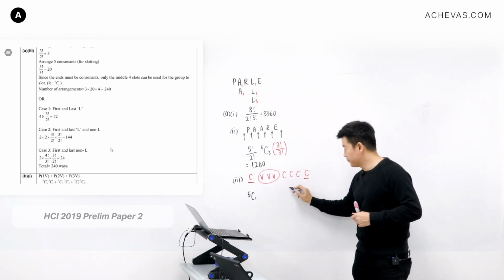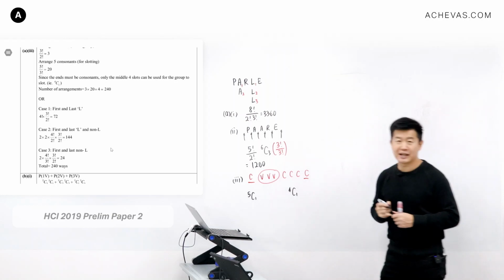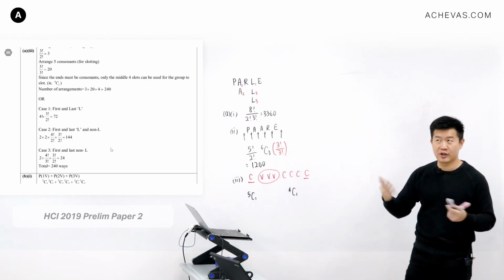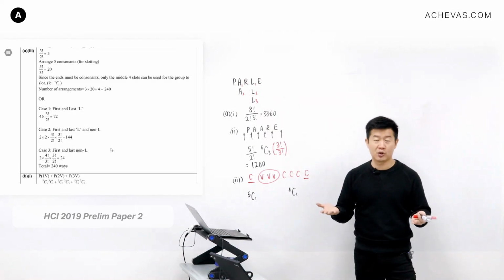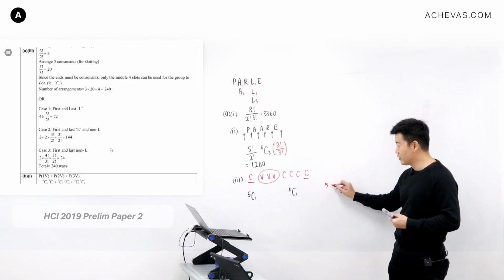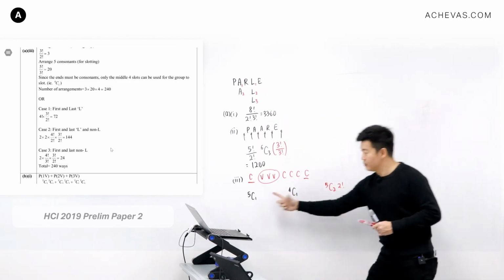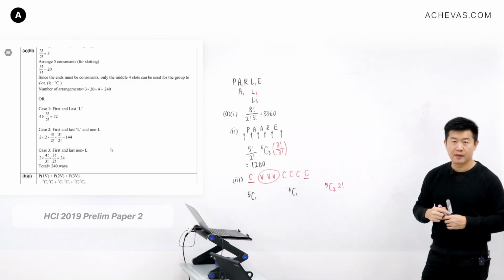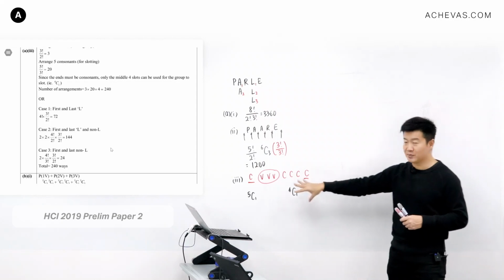Then out of 4 other consonants, I'm going to choose 1 for the last consonant. 5 choose 1, 4 choose 1. Or you can also just do 5 choose 2 times 2 factorial, choosing 2 of the 5 consonants, then multiplying by 2 factorial to interchange between the first one and the last one. It is the same thing.